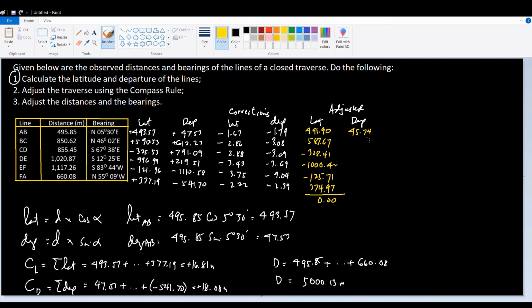Next, 612.28 minus 3.08 is 609.20. 791.09 minus 3.09 is 788. 219.51 minus 3.69 is 215.82.